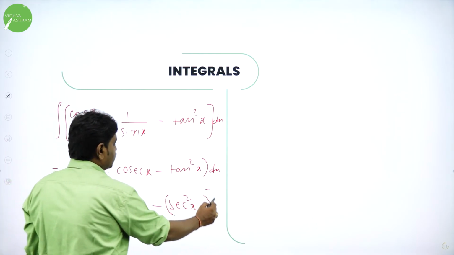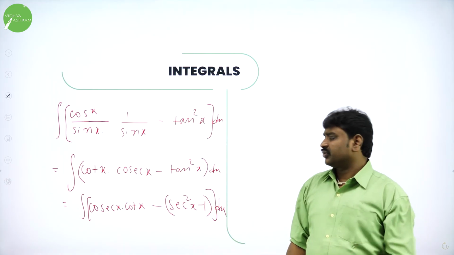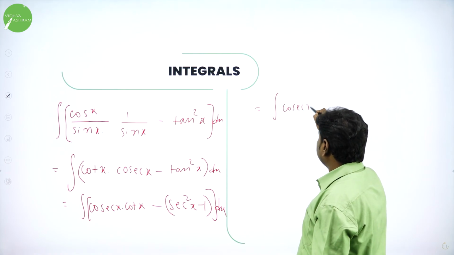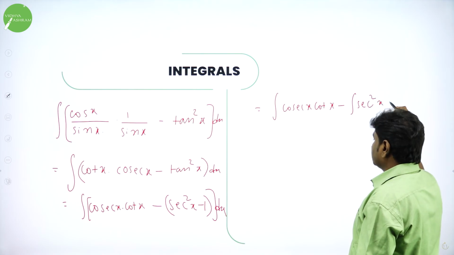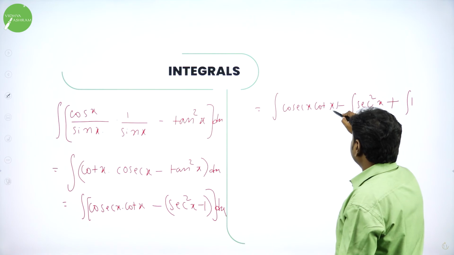Now each term is integrable. So integration of cosecant x cot x minus integration of secant square x minus 1, all with respect to dx.